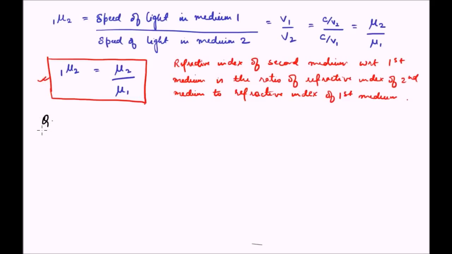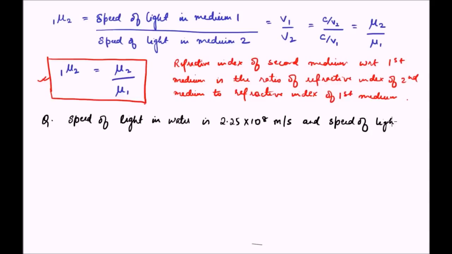So we know that the speed of light in water is 2.25 into 10 to the power 8 meter per second, and speed of light in glass is 2 into 10 to the power 8 meter per second.